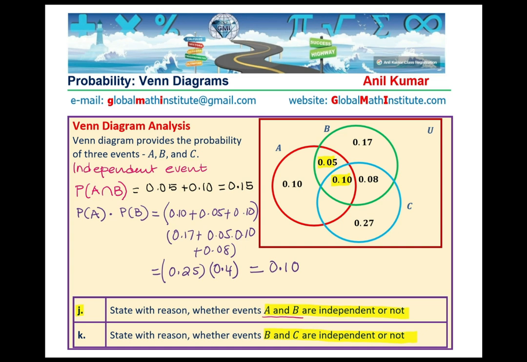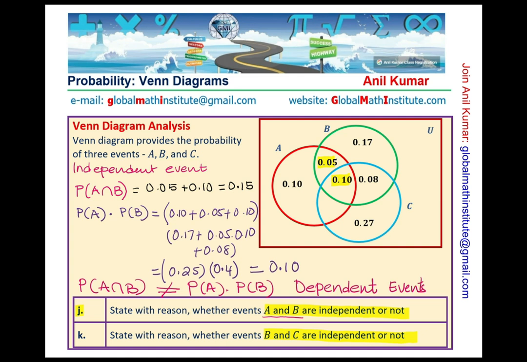Since you can see that probability of A intersection B is not equal to probability of A times probability of B, we say that the events are not independent, or we can say they are dependent events, or we say not independent events.